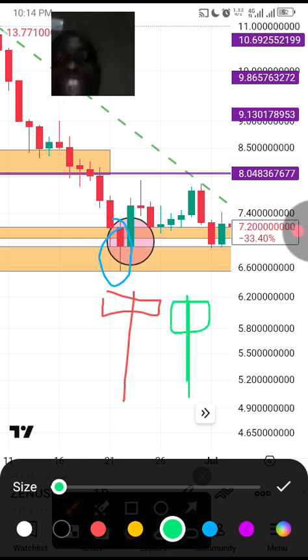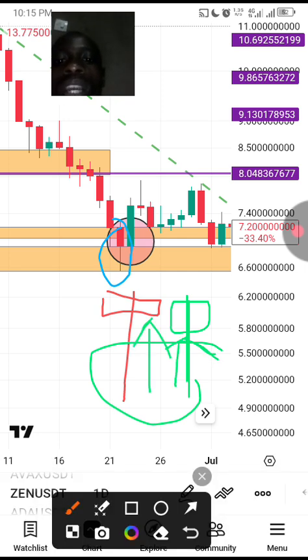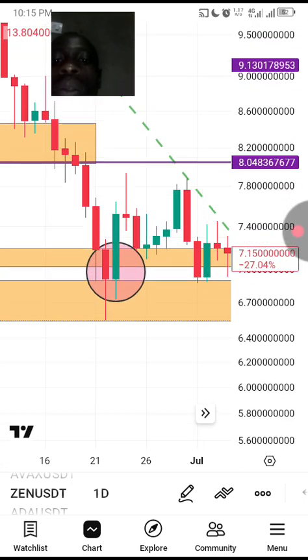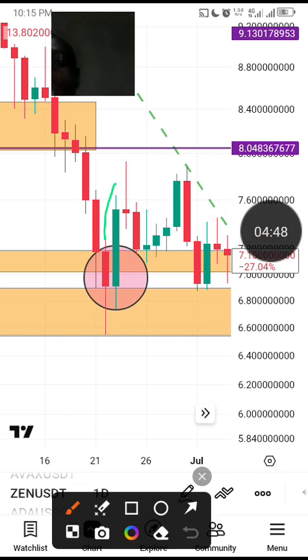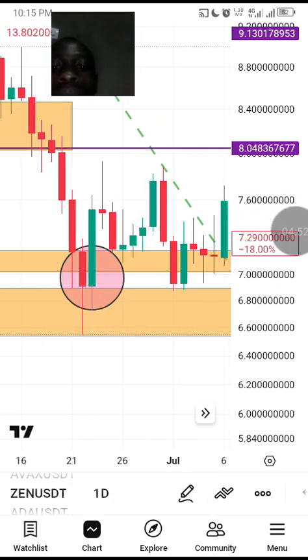Like this, so you enter to that zone. Remember, it has rejected, and these wicks show that the buyers are pushing up the market. There is a huge amount of money pushing from there, thereby also making a bullish engulfing pattern. You can see this candle is longer and is engulfing the top one.